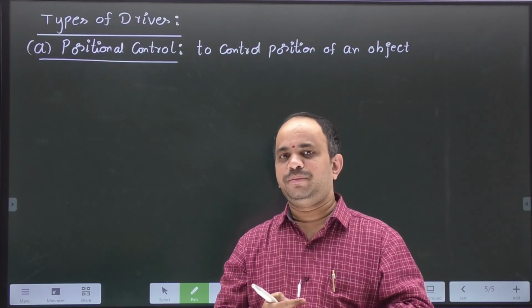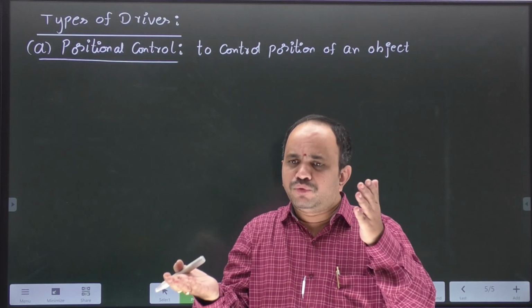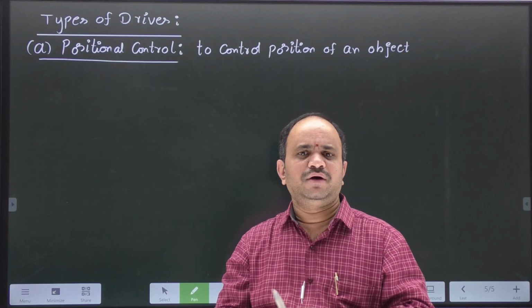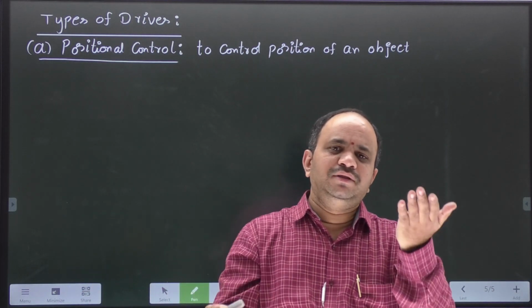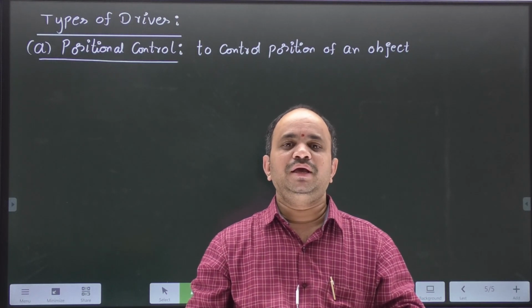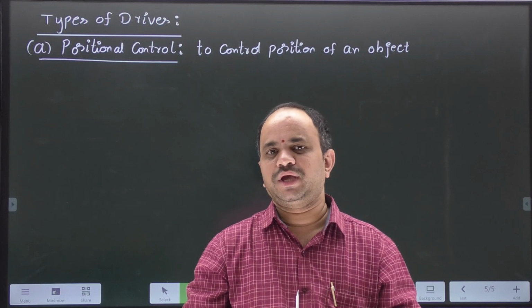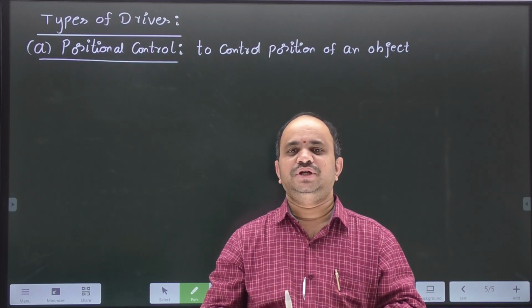Physically, a human being cannot change the angular position of that object daily, so definitely an electric motor will be used. This is one of the best examples of a positional system.